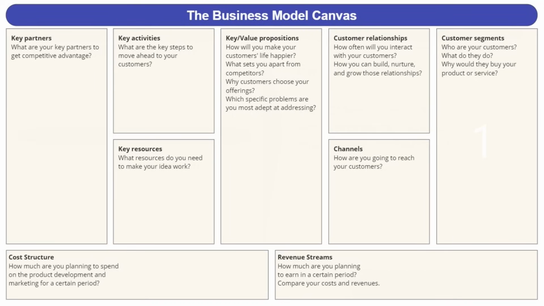Or in other words, who are they, what do they do, and why would they buy your product or service? And here is the point where you brainstorm their personas in order to understand your customers fully. For example, their personal info, like their age, gender, educational background, location, hobbies, interests, and so on.